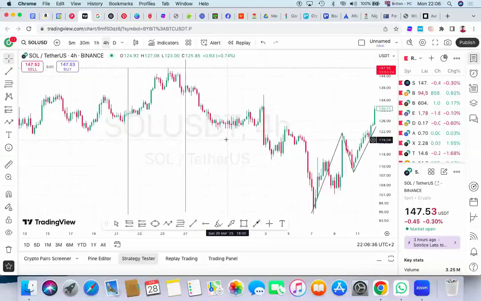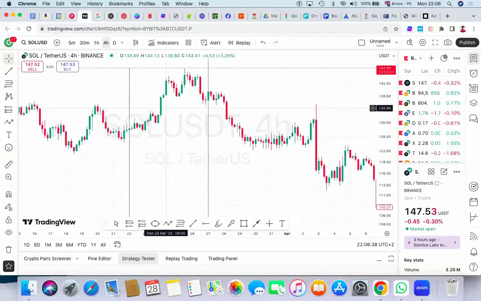So if this is 4 hours, each one of these is 4 hours. How many of these candles do you think you will need that will give you the 24 hours? You have to count, you have to times each one of this, right? If it's 4, you have to times it by the amount of hours you have in a day to give you one candlestick, which will be the one representing a daily candlestick, right?